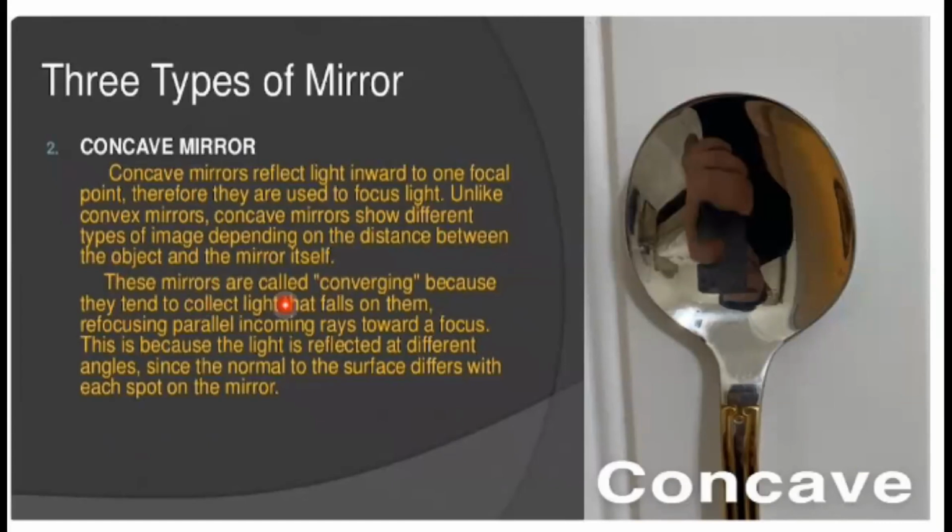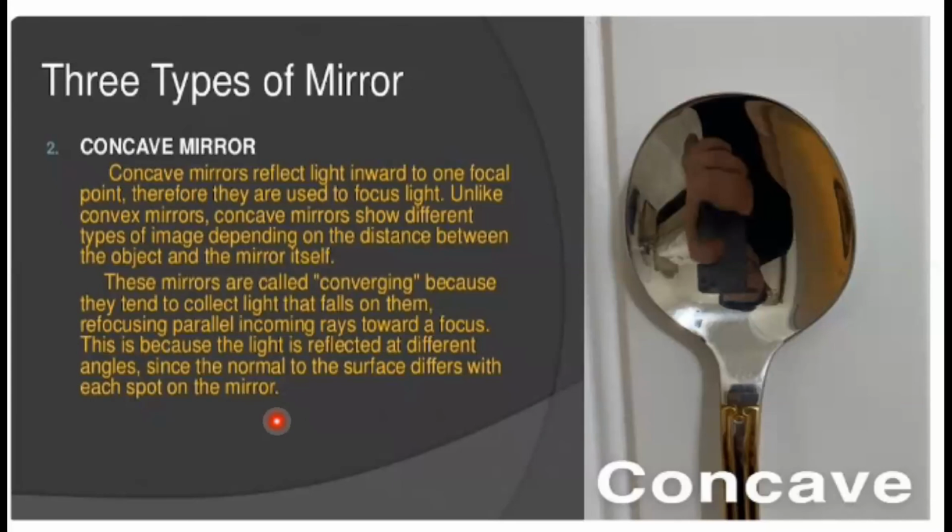These mirrors are called converging because they tend to collect the light that falls on them, refocusing parallel incoming rays towards a focus. This is because the light is reflected at different angles since the normal to the surface differs with respect to the spot of the mirror.